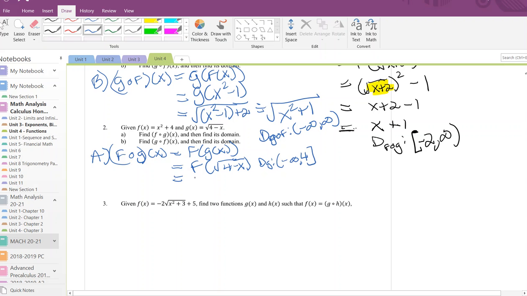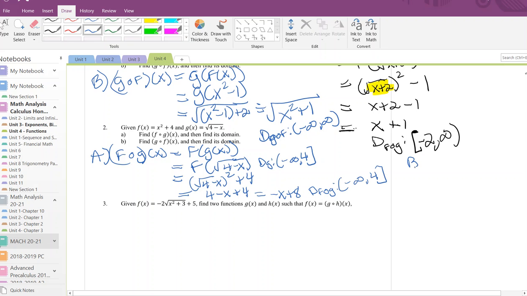So then when we simplify f of the square root of 4 minus x, we get the square root of 4 minus x, squared, plus 4. So it's 4 minus x plus 4. It's equal to negative x plus 8. However, the domain of f of g is x less than or equal to 4.